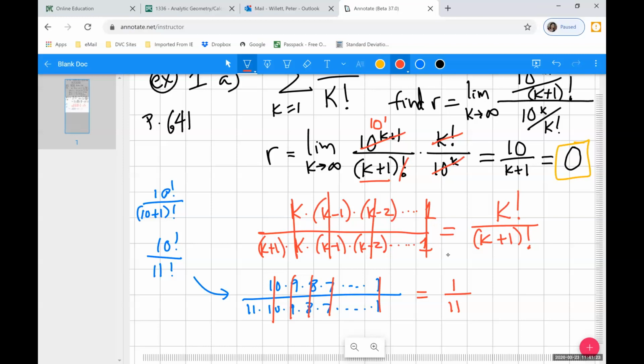So whatever k plus 1 is, whether it's an 11 or 1001, after you simplify it with the other factorial, you're just left with that number in the bottom.